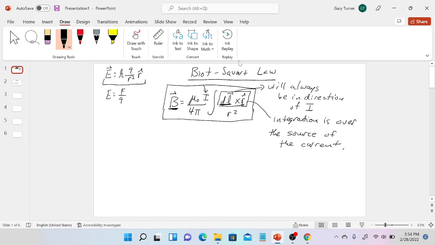As a reminder, the integration will always be over the source of your current, whatever that source may be.